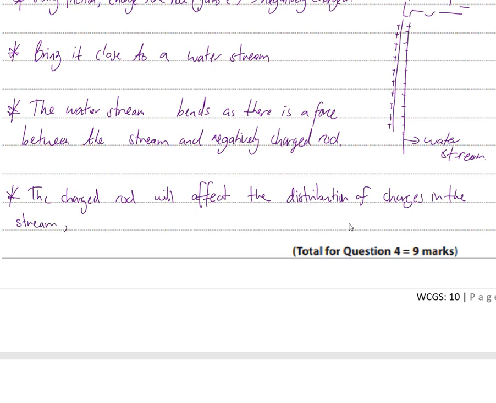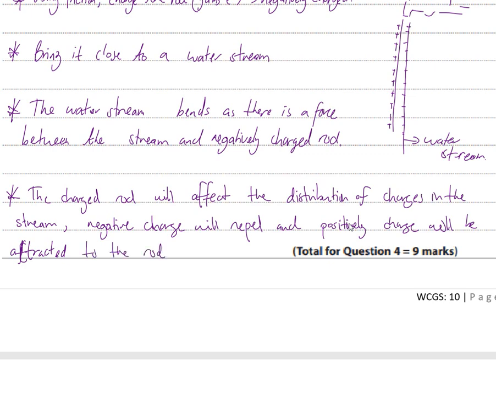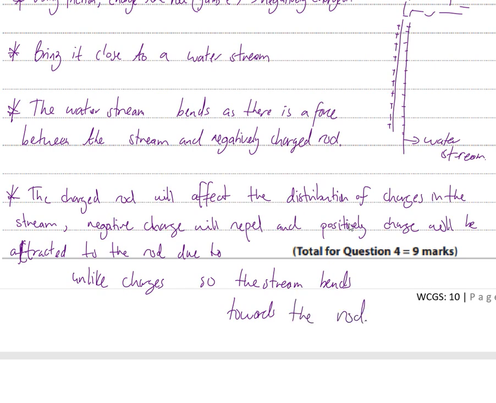Negative charge will repel, and positive charge will be attracted to the rod due to unlike charges. So the stream bends towards the rod.